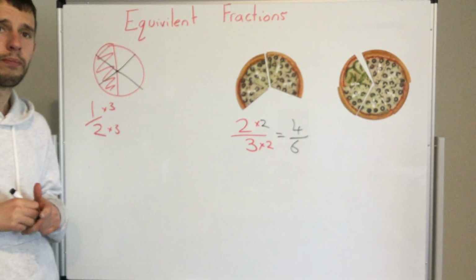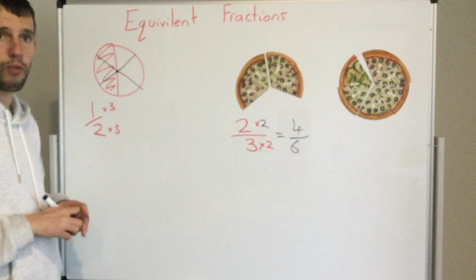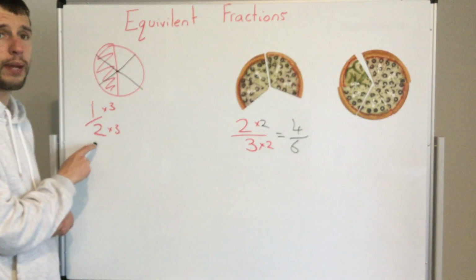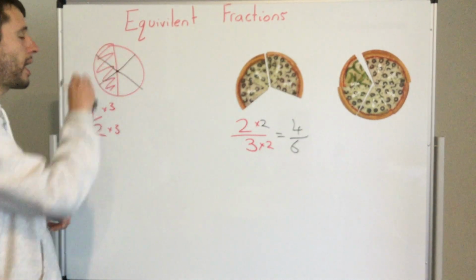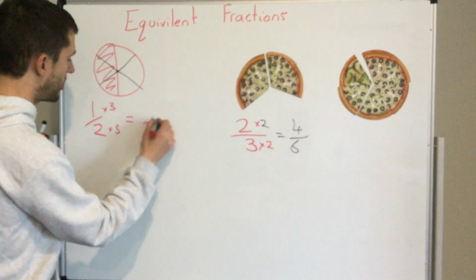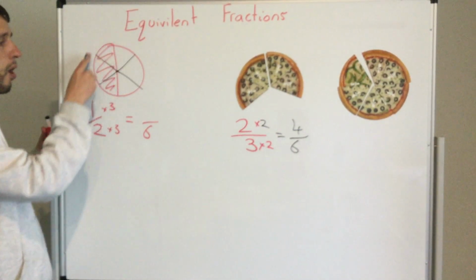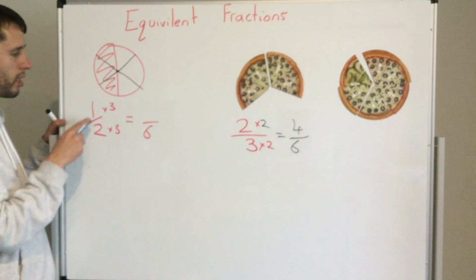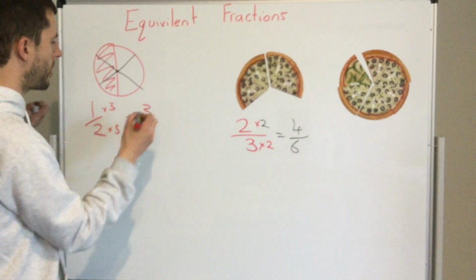That's all that's happening. Each of my pieces are cut into 3 pieces. So looking at the 2 halves that I have, if each piece is cut into 3, I've got 3 plus 3. 3 plus 3 equals 6, which is 2 times 3. And I only had a half, so how many do I have there now? I've got 3 pieces. 1 times 3 equals 3.